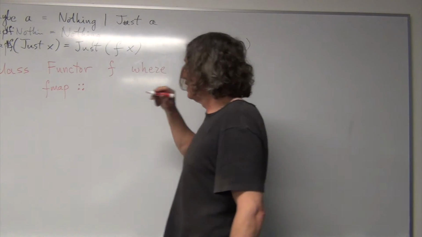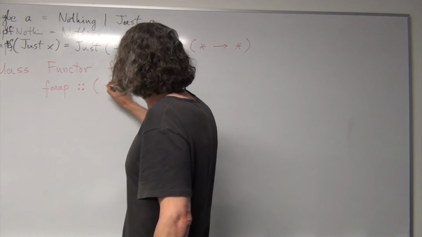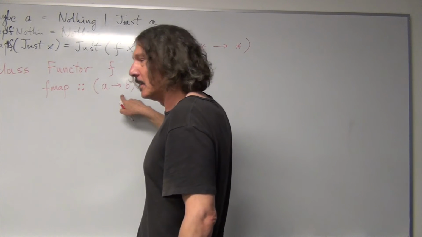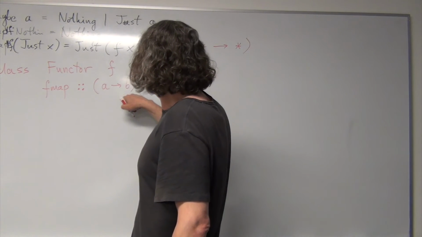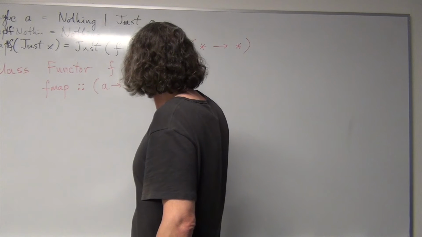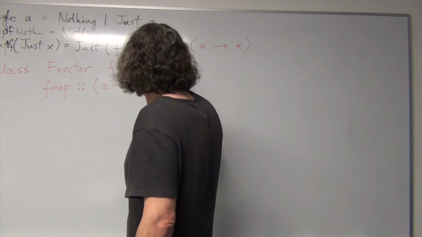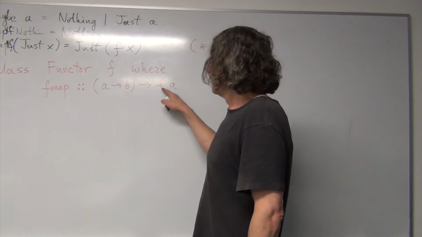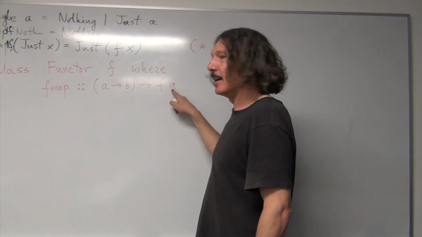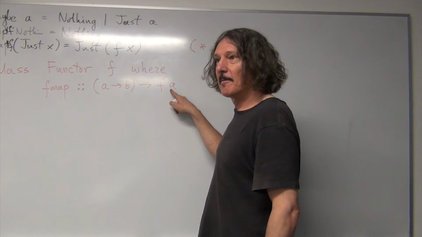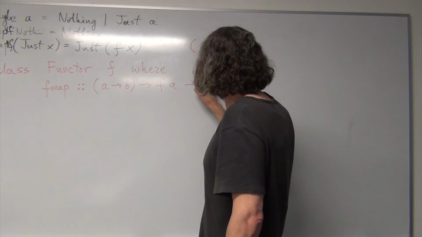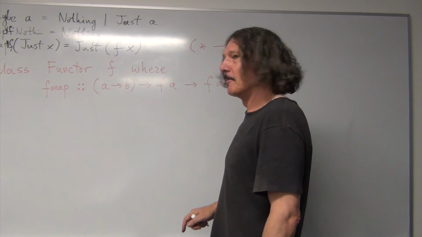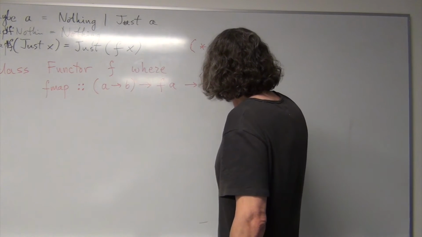It takes a function from A to B. All of them were taking a function from A to B to apply it to what? To F A. So list of A, tree of A, maybe of A. And what does it produce? It produces another F of B. Sorry, B. Yes, thank you.